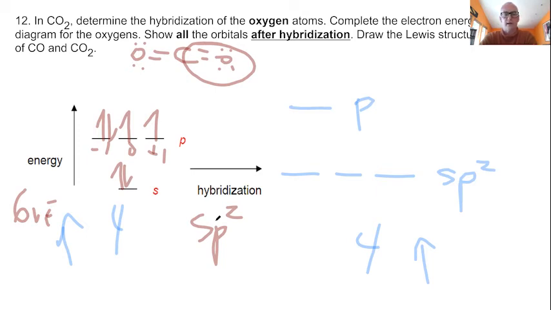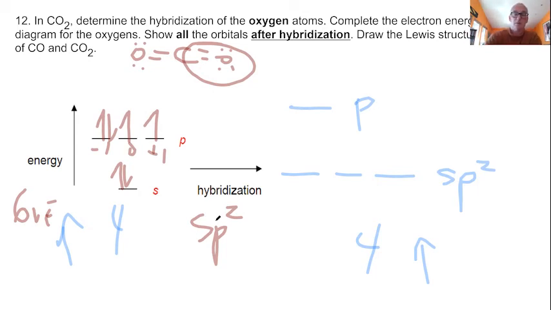Where am I going to put my electrons? Where do I start? Which one's lower in energy, sp2 or p? Remember, you always fill up your lower energy first. So we'll start filling up our sp2.